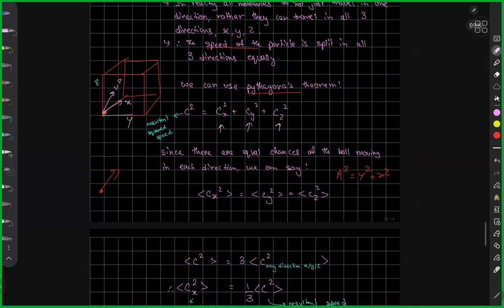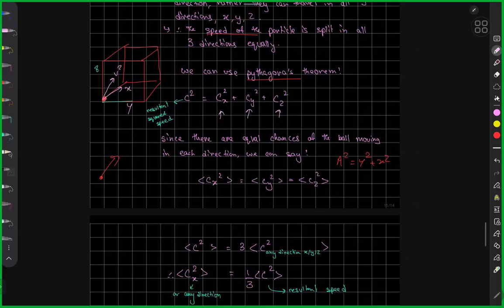Now, since there are equal chances of the ball moving in each direction, I just showed you guys how the speed in each of the directions is equal for the total system. So essentially now I can say the speed square in the x direction is equal to the speed square in the y direction is equal to the speed square in the z direction.